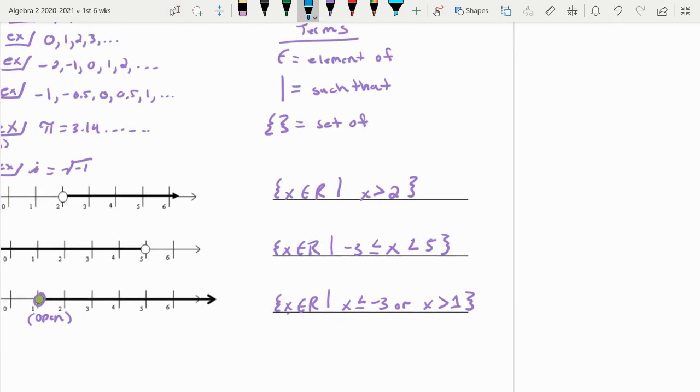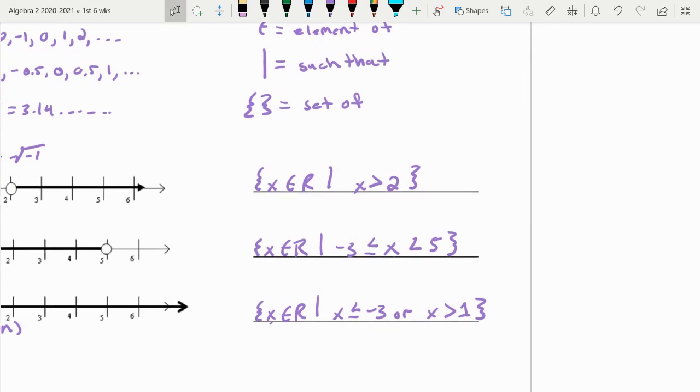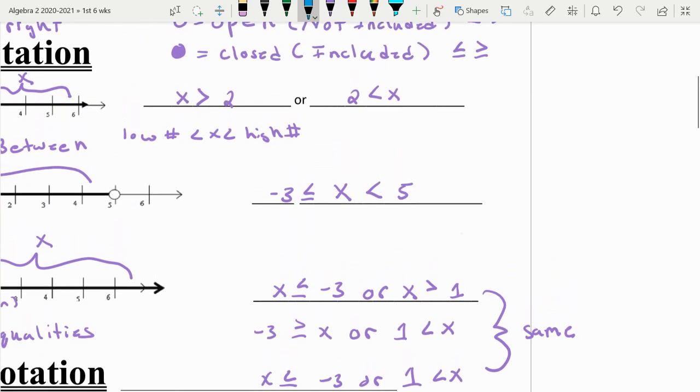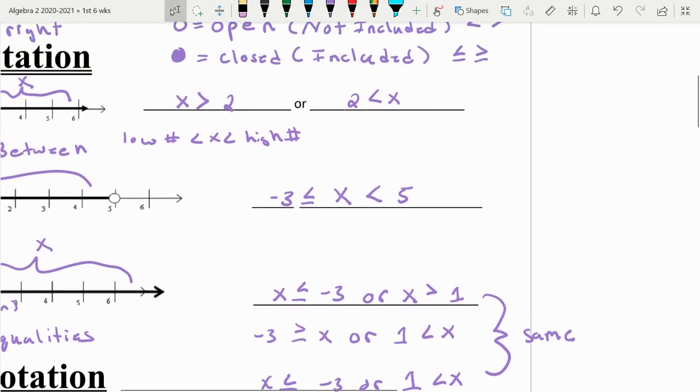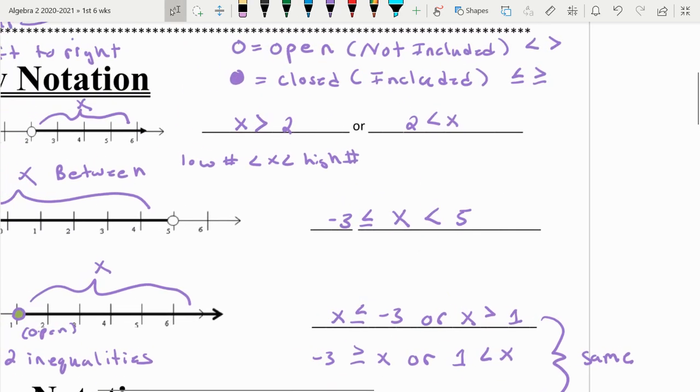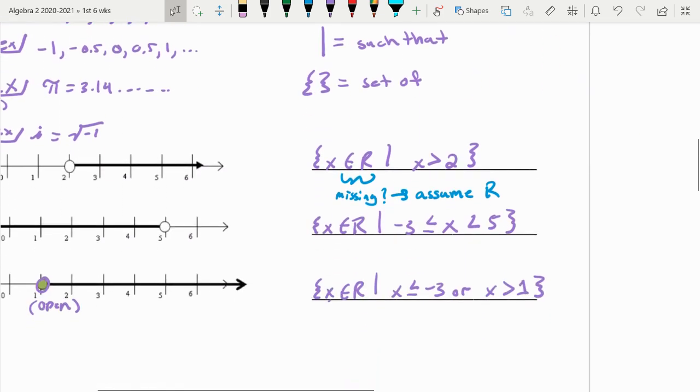Sometimes there's even a shorthand version of this. So if this is missing, what do you do? Well, you're going to assume that it's real numbers. If the number system isn't declared, assume real numbers. So in this inequality, since there was no number system declared on it, we're going to assume these are real numbers. We're going to include all the points on that number line.